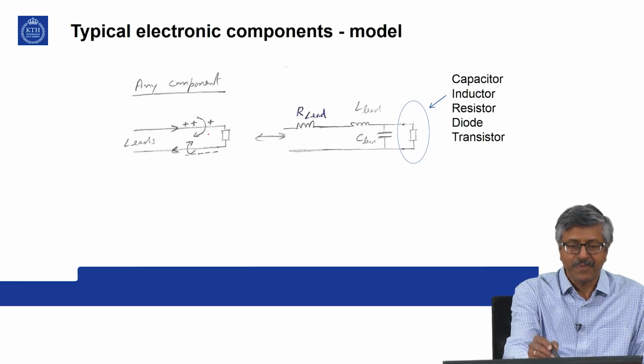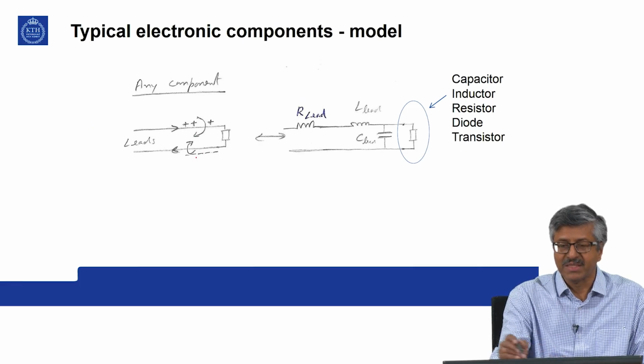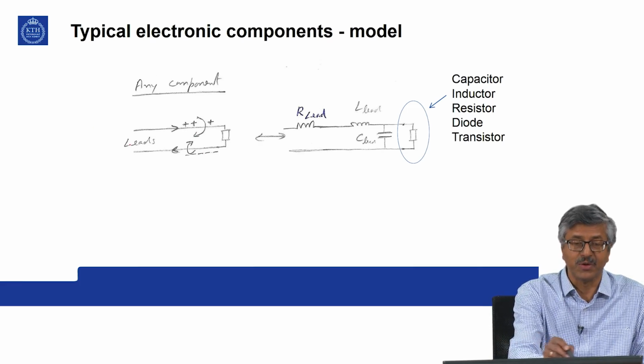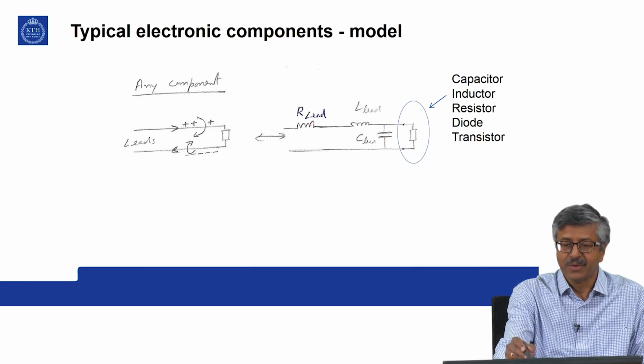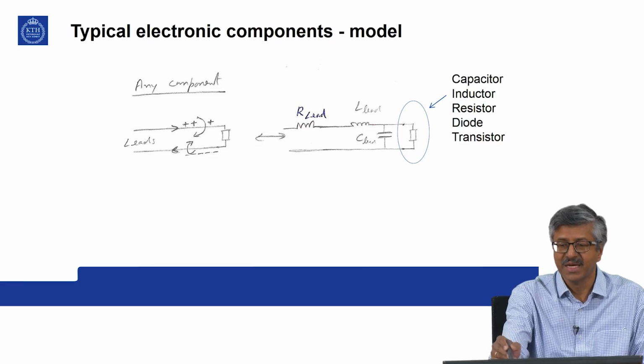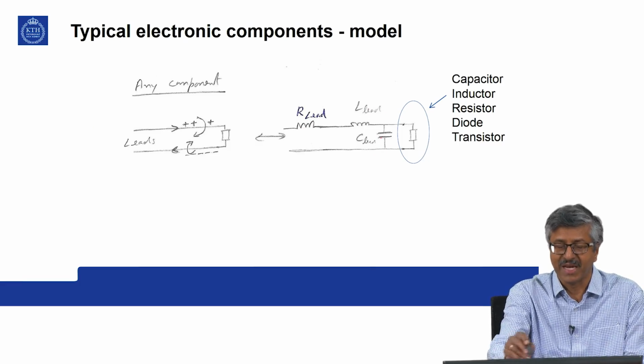So, we have some inductance and some capacitance, and some resistance also, because they are not ideal conductors. Any lead will have a lead resistance, a lead inductance, and a lead capacitance, a parallel element. These are the parasitic elements.